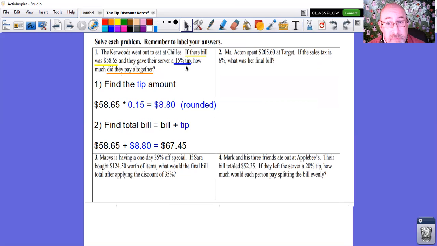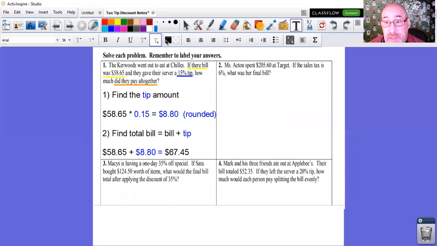So the very first thing I did was I underlined my original price, the first amount, my original cost. I also underlined my tip, so I know how much my tip is going to be, and how much did they pay altogether. Now, a tip we know is an addition.